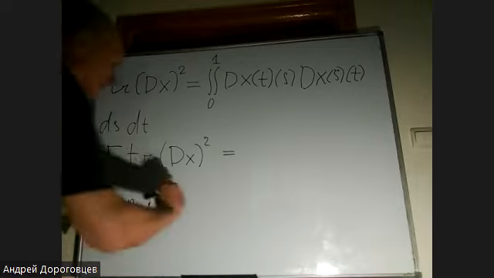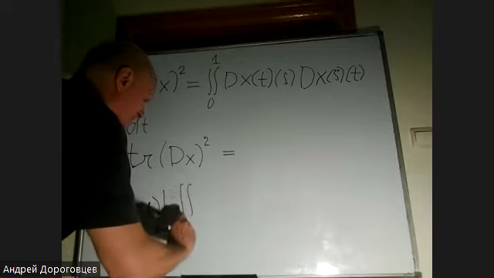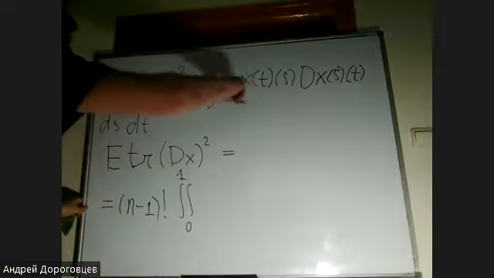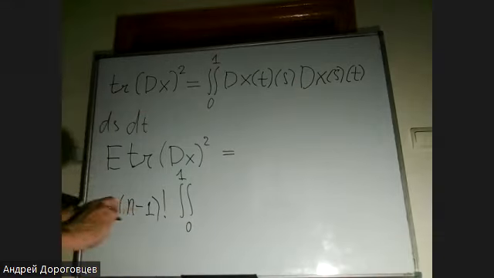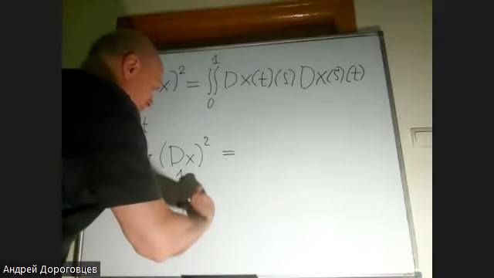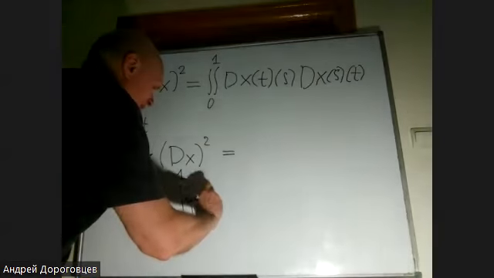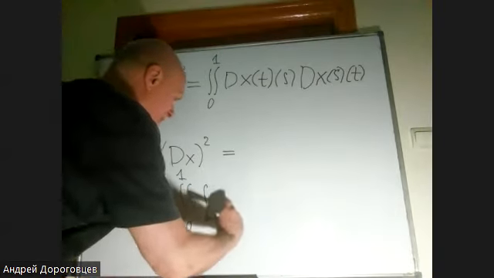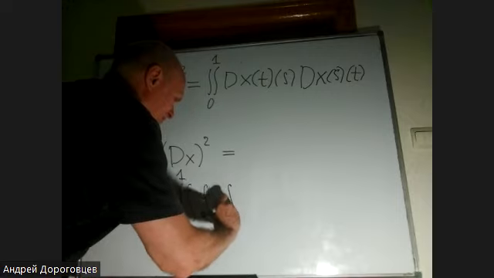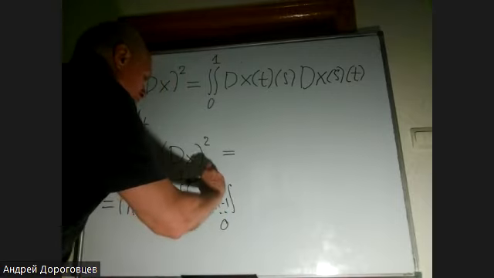And here we have this dot integral from ts and st. So it will be like this. Here we'll have n minus 1 integrals from 0 to 1.